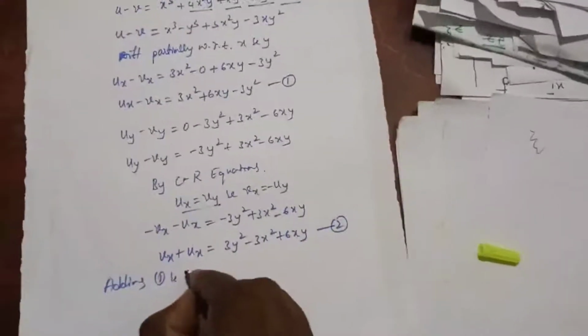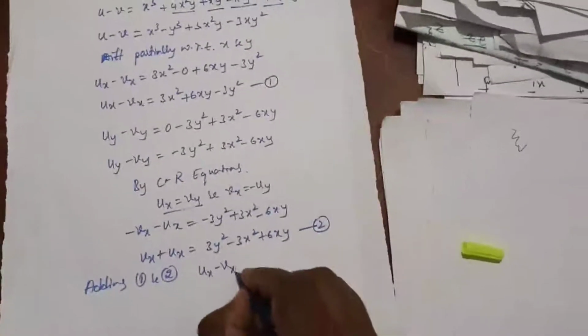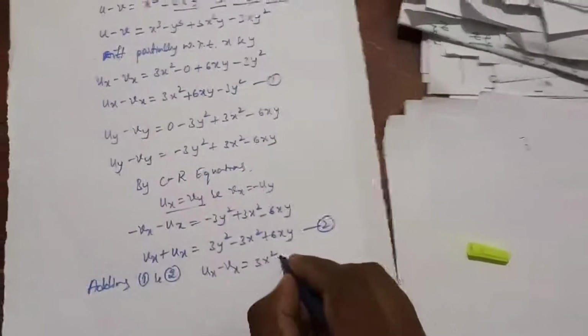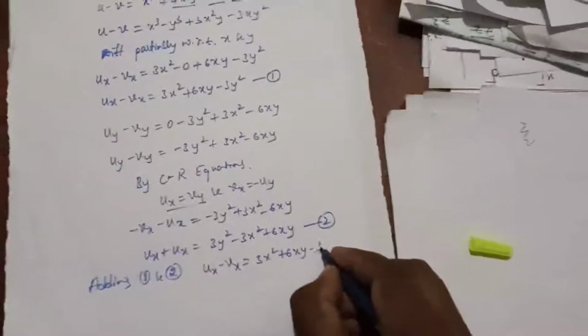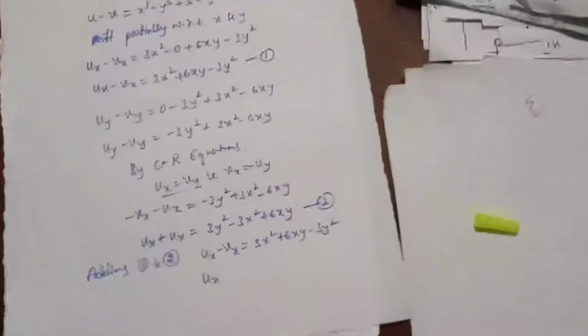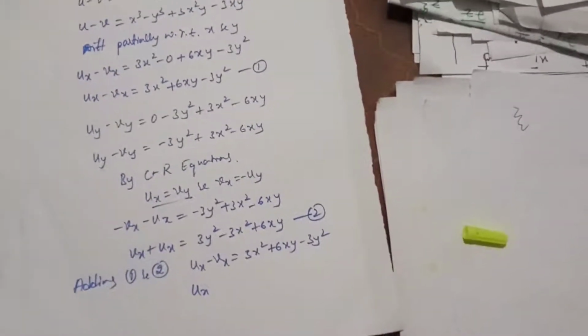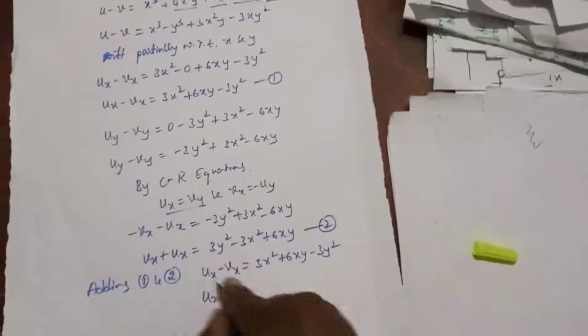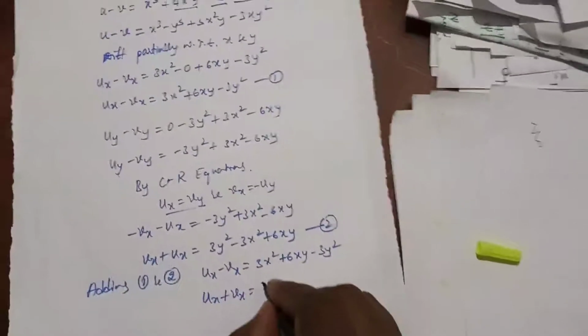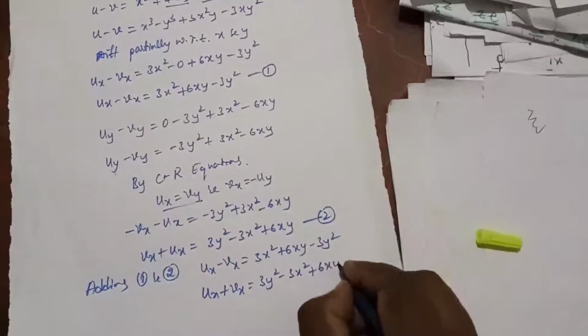For ux and vx, first add these two equations, adding equation number 1 and 2. Write equation 1 as it is: ux minus vx equals 3x square plus 6xy minus 3y square. Write the second equation as ux plus vx equals 3y square minus 3x square plus 6xy.